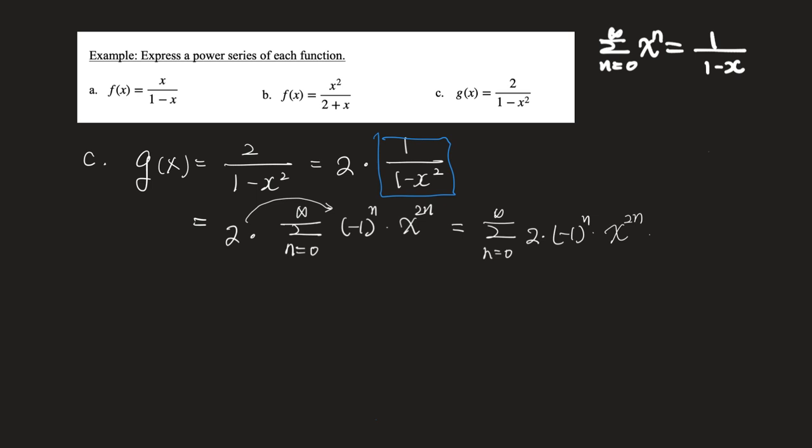Quick question about this power series. Guys, look at this one. This is the coefficient of this power series. The center of this power series is going to be 0. That series represents the function g of x.